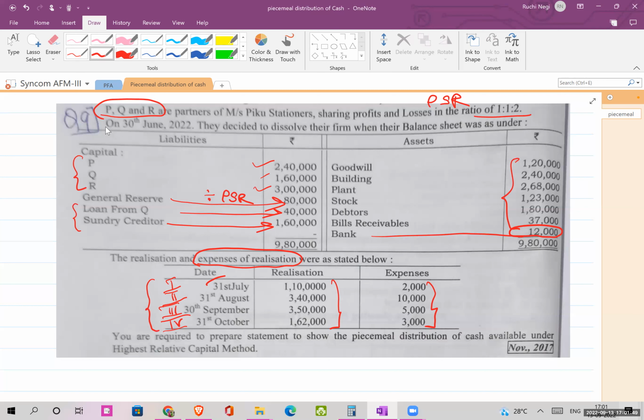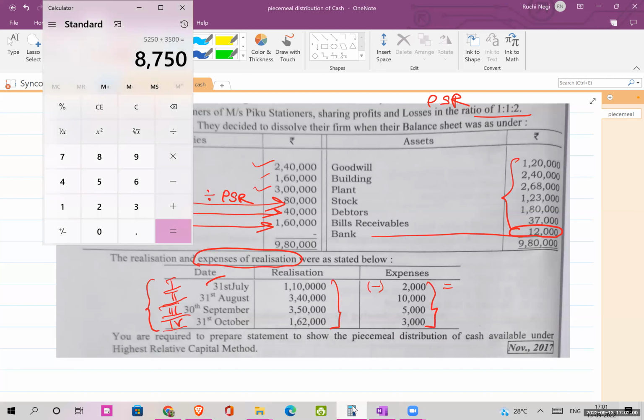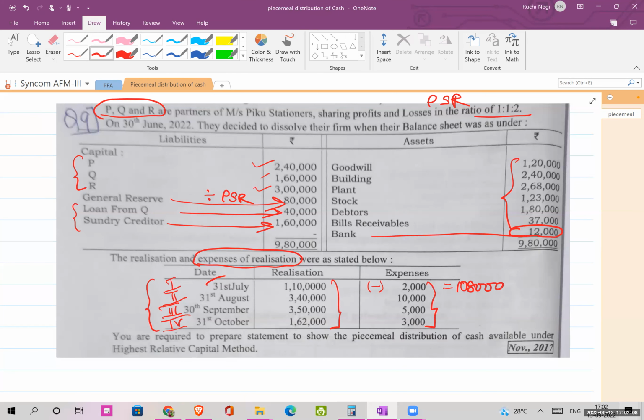Now you see, out of 1,10,000, you will pay 2,000 as expenses on realization. Correct. So how much money do you have then? 1,10,000 minus 2,000 makes it 1,08,000. So your available cash with you for paying your dues is 1,08,000.